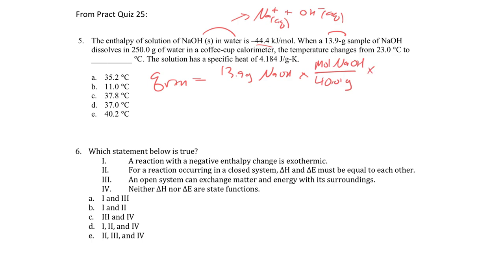If it wasn't obvious why I'm going grams to moles, it's because my kJs per mole is in kJs per mole. So I'm looking ahead that I want to use minus 44.4 kJs per mole of sodium hydroxide. So I had to convert to moles to get this to cancel.